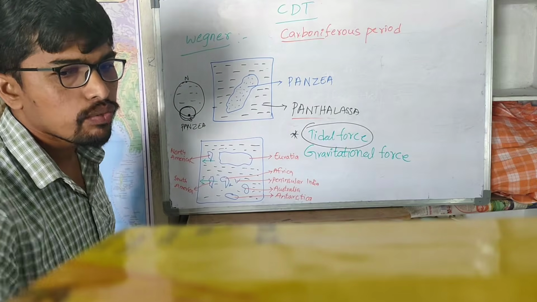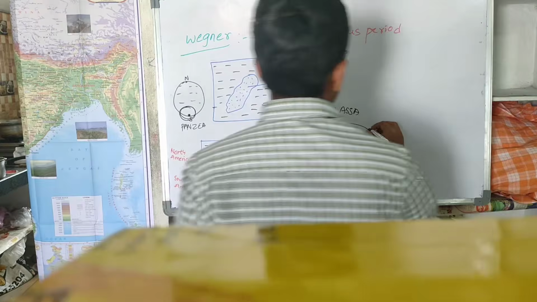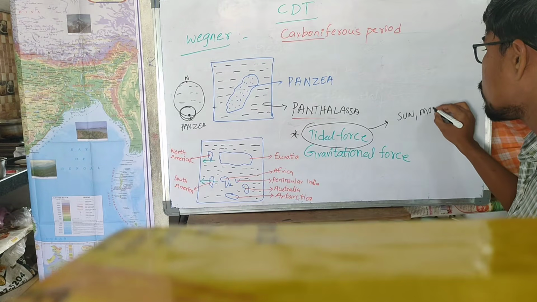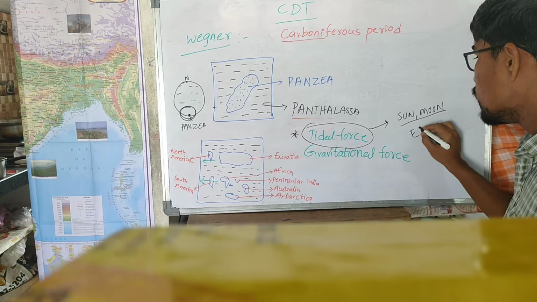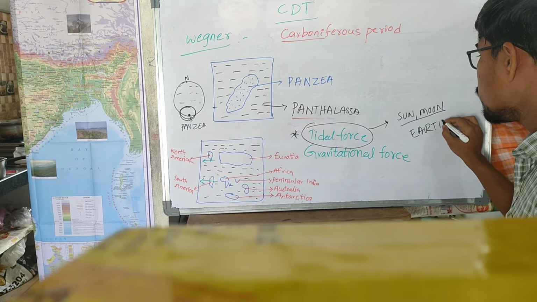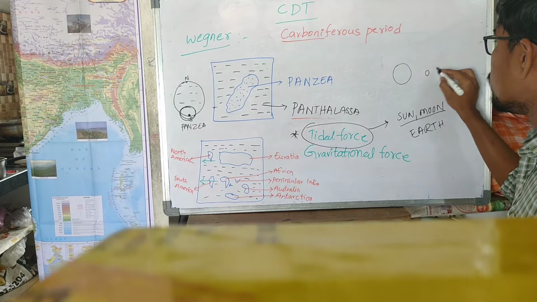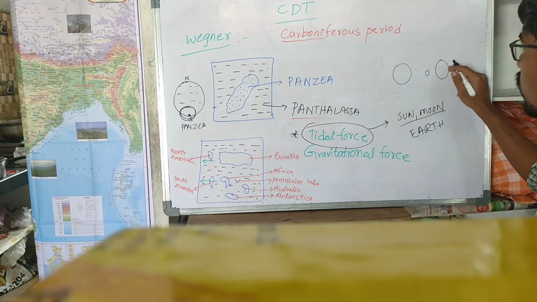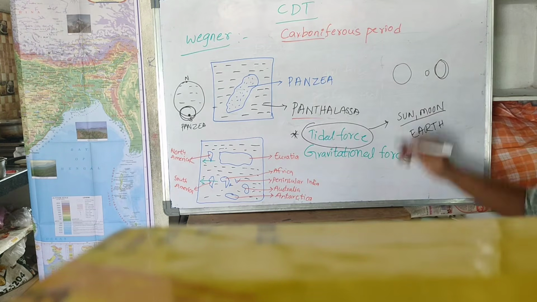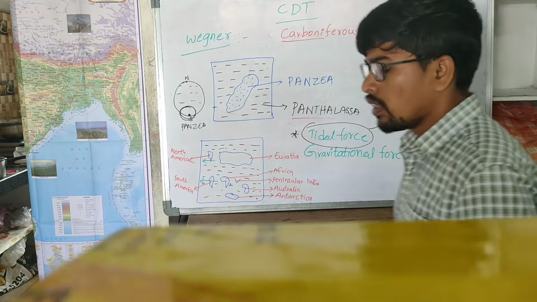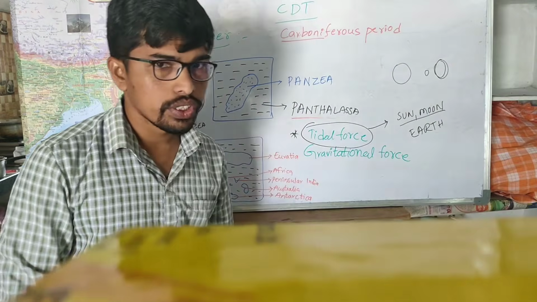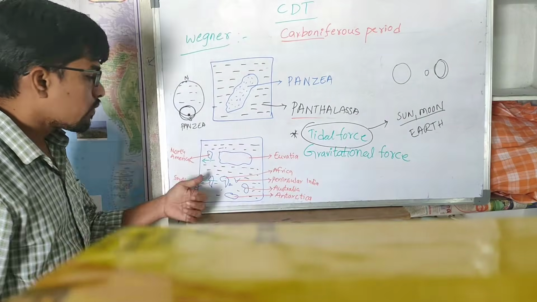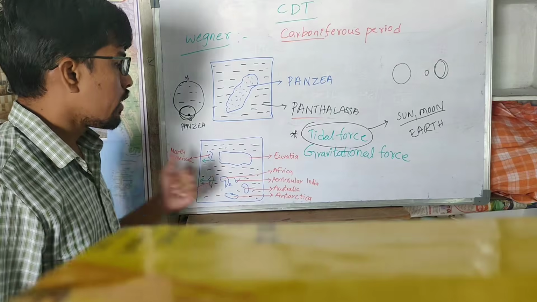Because when the sun and moon come near to the earth, there are huge tides that we observe in the oceans. These forces are the cause for the westward movement of North America and South America.